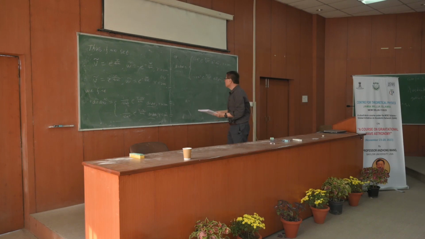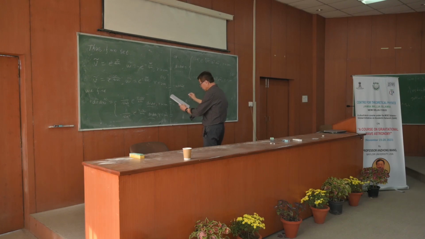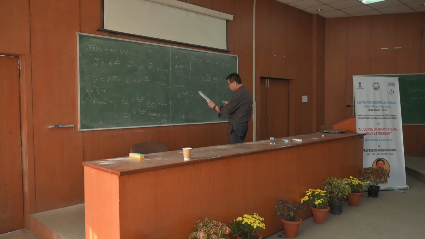Right? Now we need to actually check what this guy is. Remember we have the relation E to the W minus V for m equals R minus 2m, minus 1, E to the minus R over m.